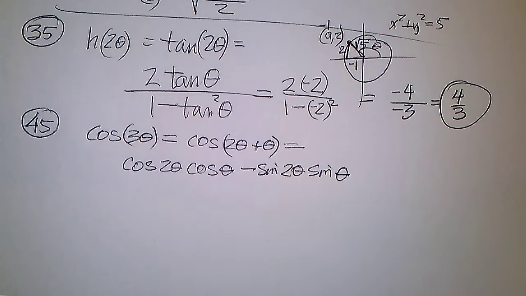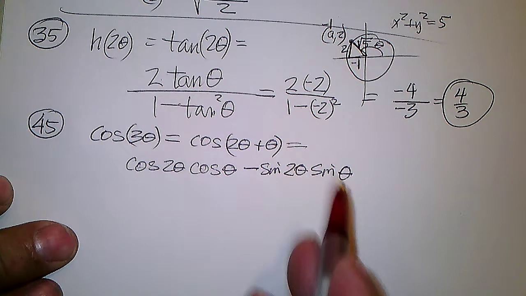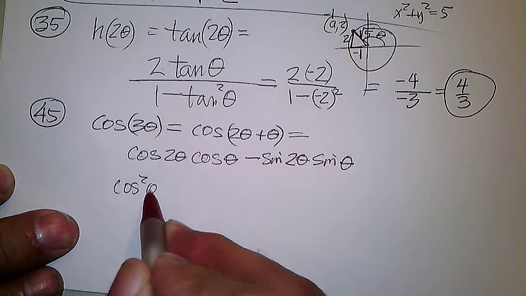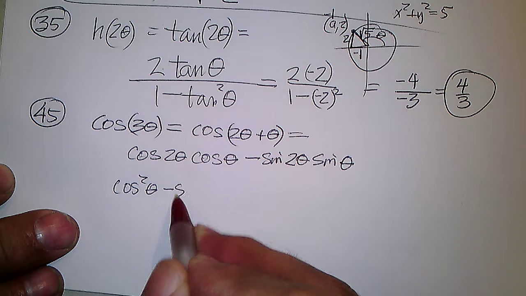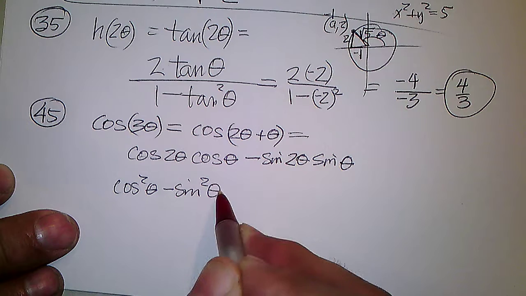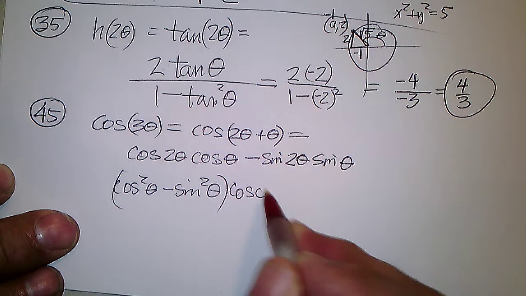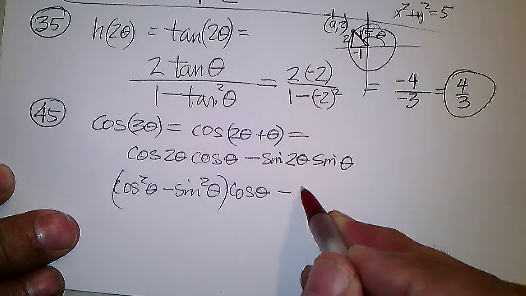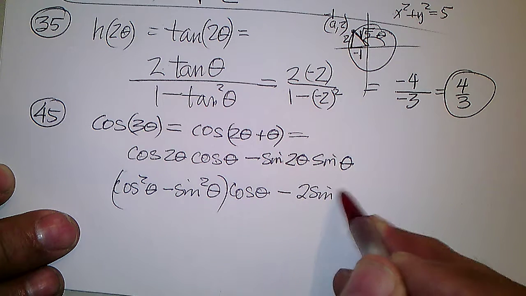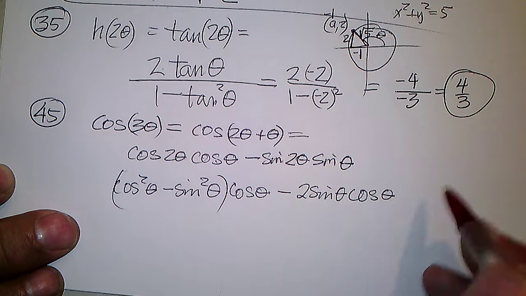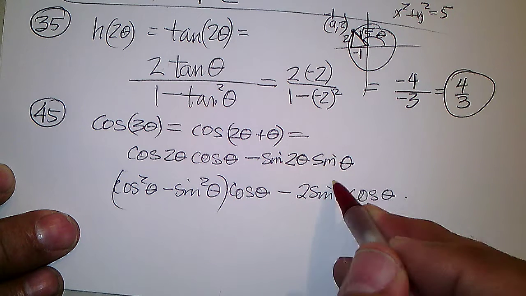And now cosine of 2 theta, we've talked about above here, is cosine squared theta minus sine squared theta times cosine theta, minus this is 2 sine theta cosine theta, the sine of 2 theta, times the sine of theta.